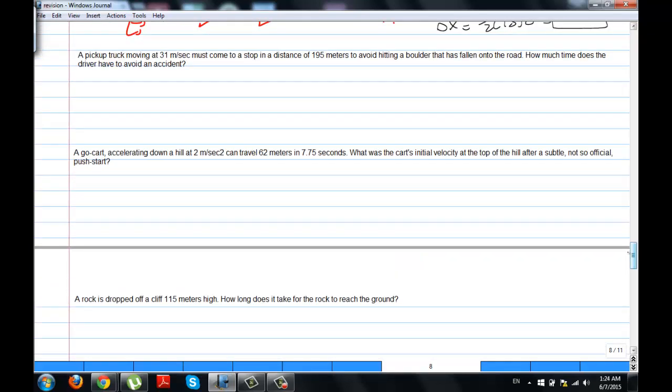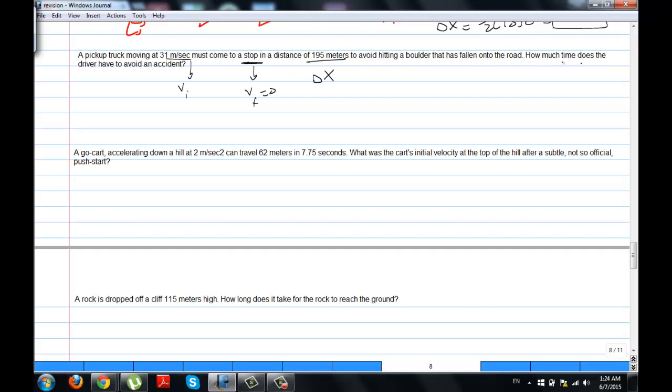Now let's solve another one. A pickup truck moving at 31 meters per second, so this is a velocity, must come to a stop. So this is a VI, and to a stop means that VF is 0. It moves a distance of delta X, because it is in meters, to avoid hitting a boulder that has fallen onto the road.